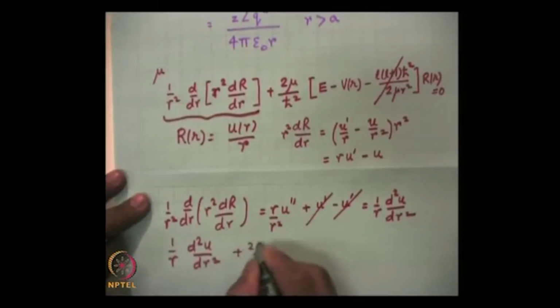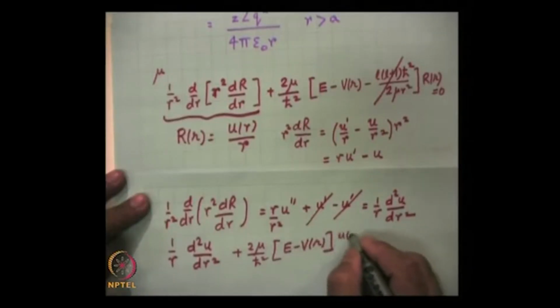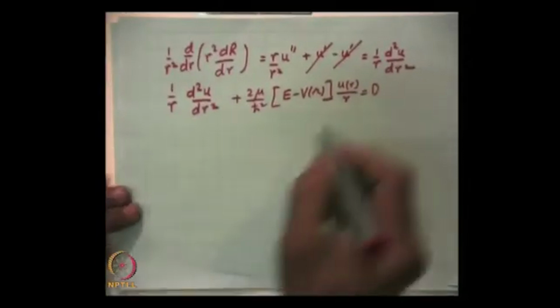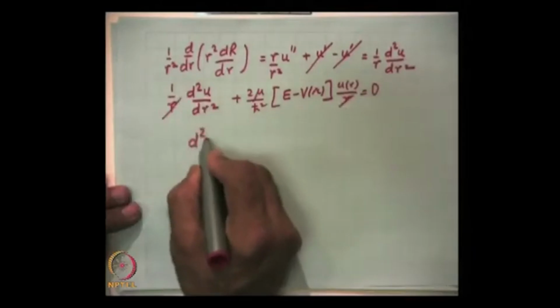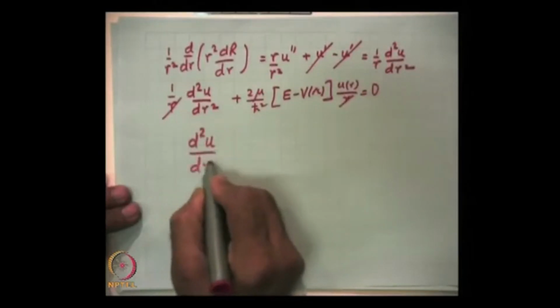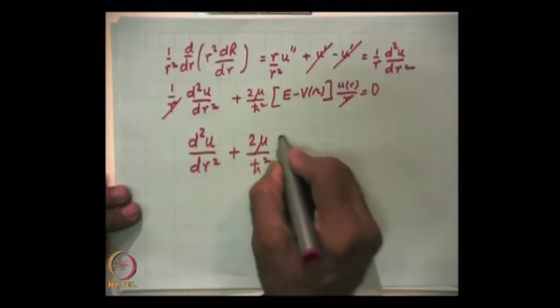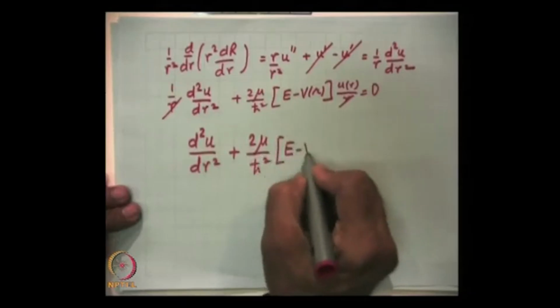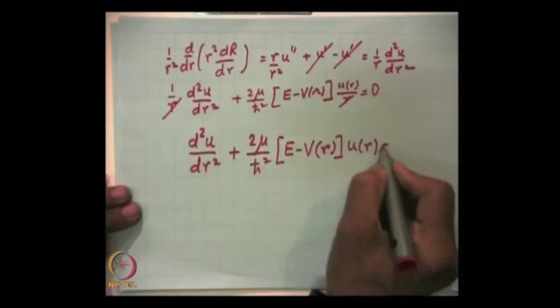So, this quantity becomes 1 over r d2 u by dr square, plus 2 mu by h cross square into E minus V of r, times R of r, which is u of r by r. Why am I doing all this? I am trying to tell you that r cancels out. So, d2 u by dr square plus 2 mu by h cross square into E minus V of r times u of r is equal to 0.